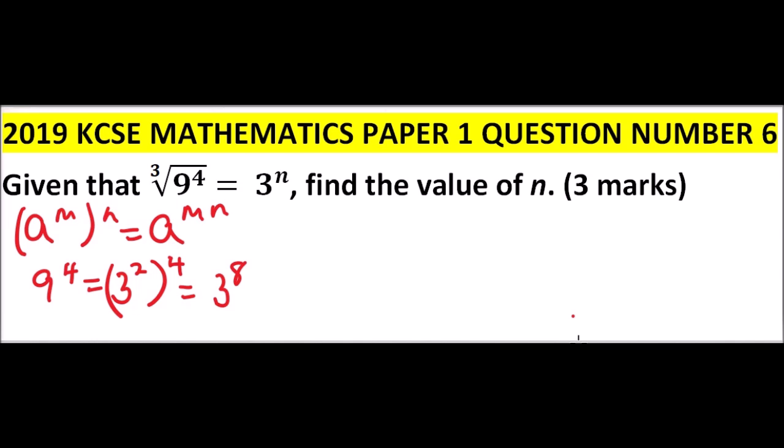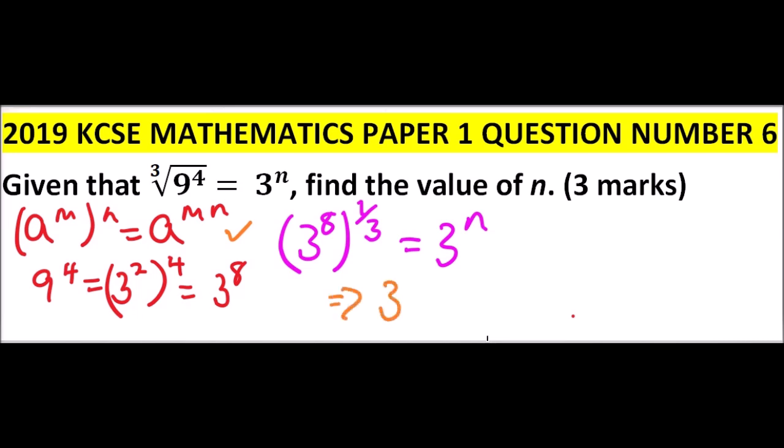So we can now write, instead of writing this cube root, it is the same as 3 to power 8 in bracket to power a third, is equal to 3 to power n. So with that, we apply this rule and say this is equal to 3 to power 8 over 3, which is equal to 3 to power n.